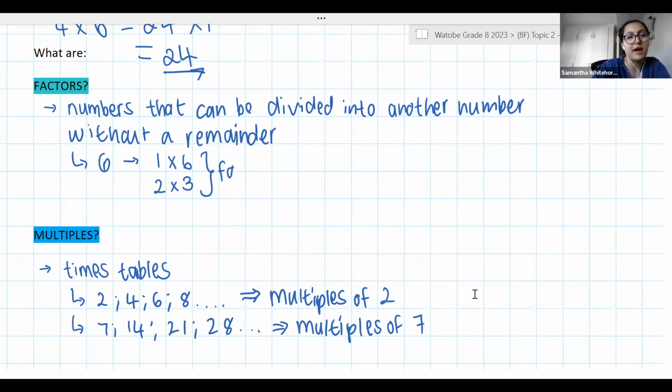These are my factors. Now, if we go back to our definition, 1, 6, 2, and 3 can all be divided into the number 6 without a remainder, and so they are therefore factors of 6. Alrighty, so that is what factors are. That is what multiples are.